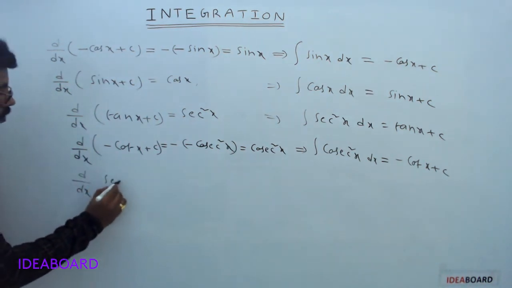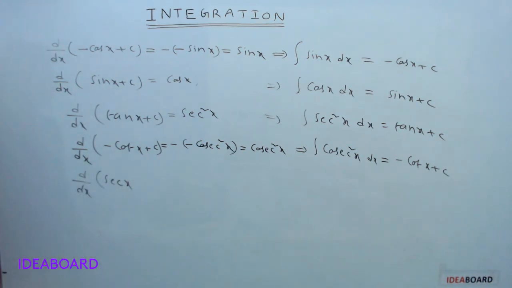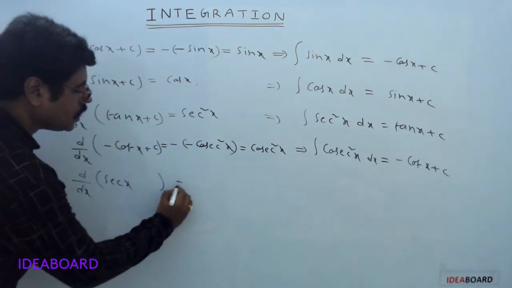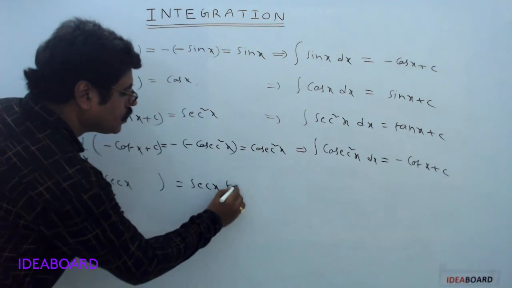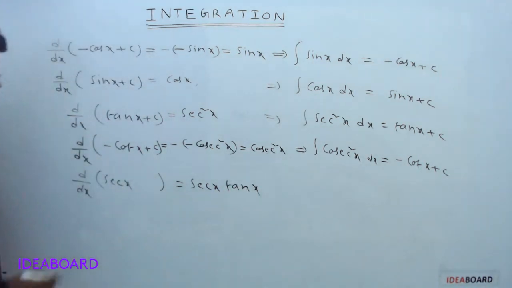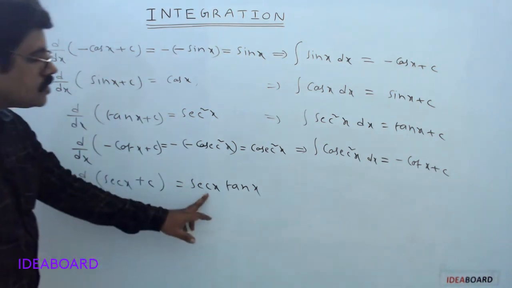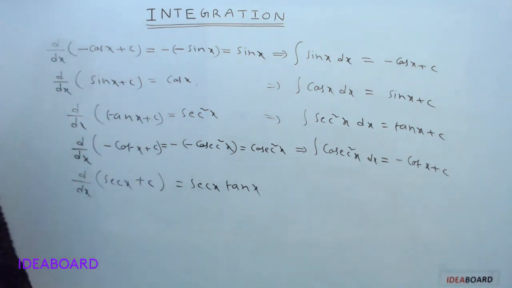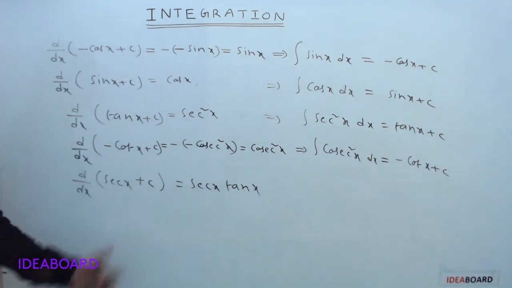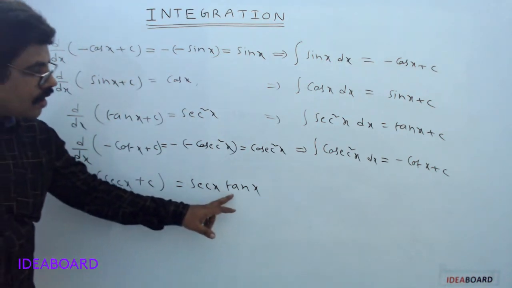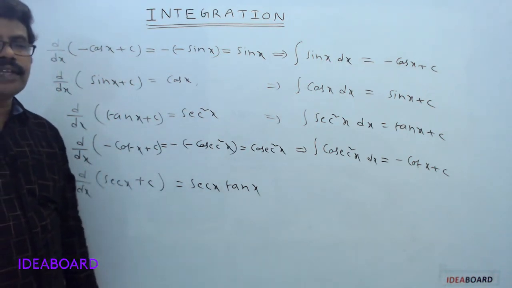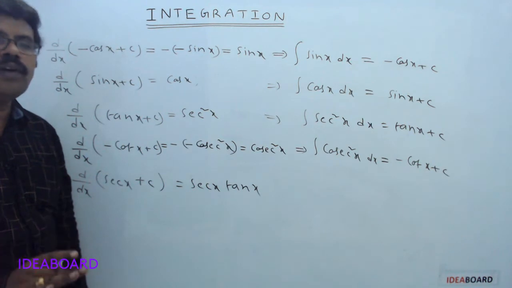What is the derivative of secant x? Derivative of secant x is secant x into tan x. If derivative of secant x plus c is secant x into tan x, then this secant x plus c is called integral of a function secant x into tan x with respect to x.